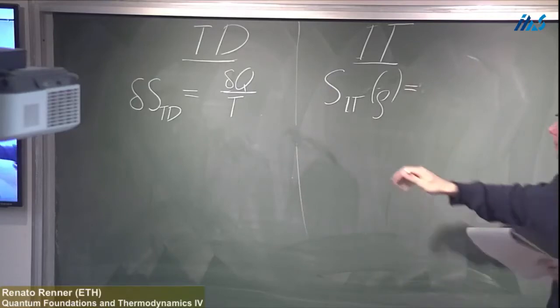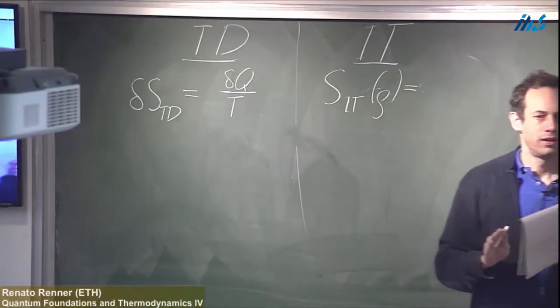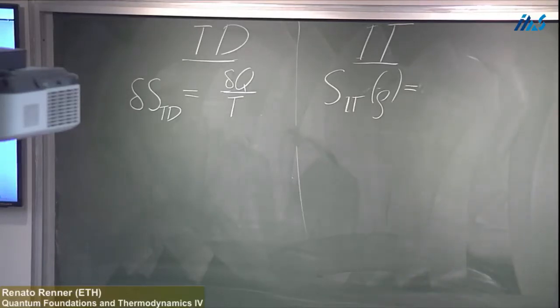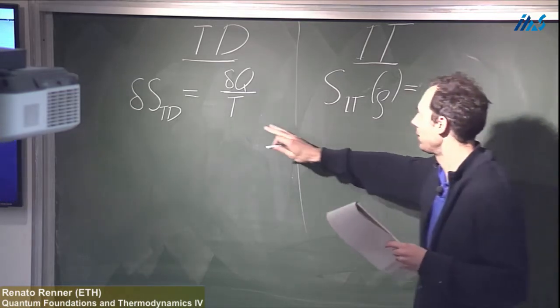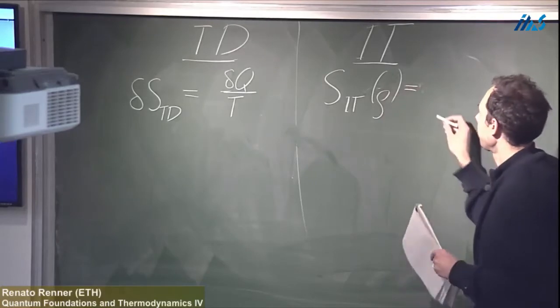So in some way it's remarkable that in thermodynamics, not in statistical mechanics, the whole theory can be set up without knowing about, for example, the particle model of solid states or of gases. So you can develop thermodynamics without knowing what matter is.